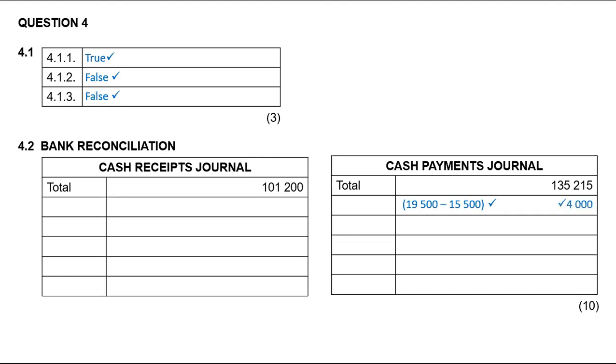It needs to be reduced by 4,000 so that it goes to 15,500. So the bank statement was correct. We are the ones that made a mistake. That's why when we make a mistake, we either correct it in the cash payments journal or in the cash receipts journal, which is what we have just done.